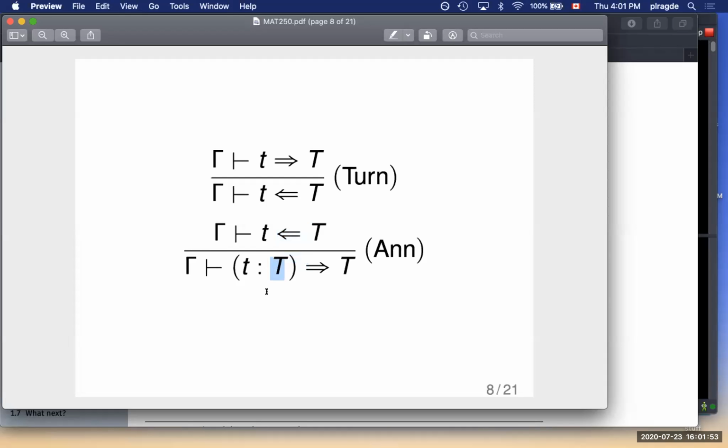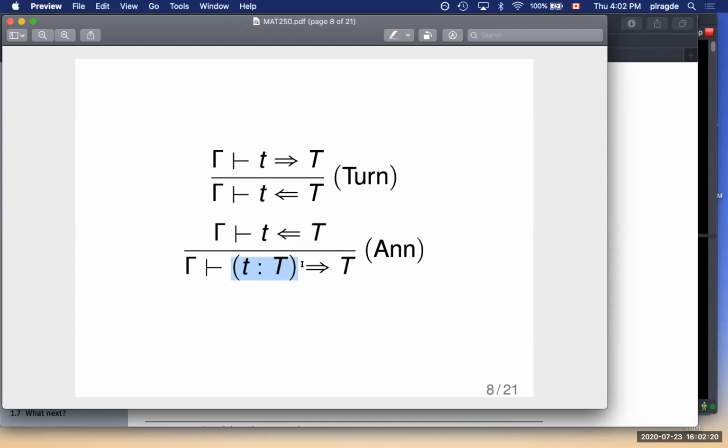If we have an annotated term that says the term little t is annotated with the type capital T, that forms a larger term. And if we're asked to synthesize the type of this term, we can do that. That's easy. We just pull out the capital T and check that it's valid for little t.